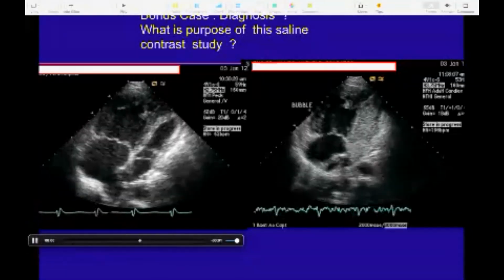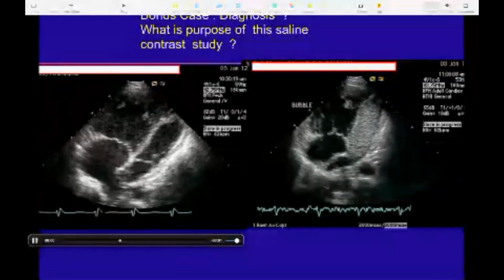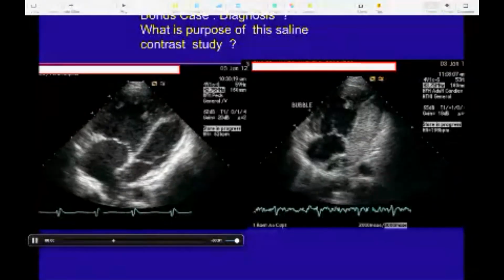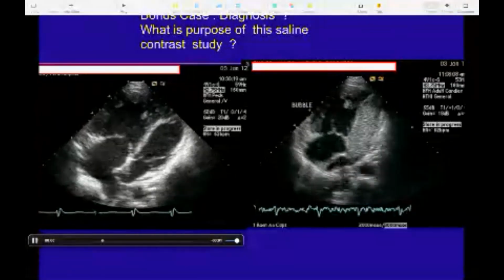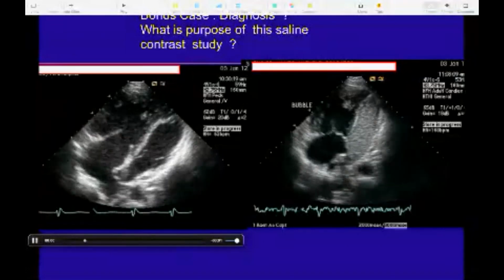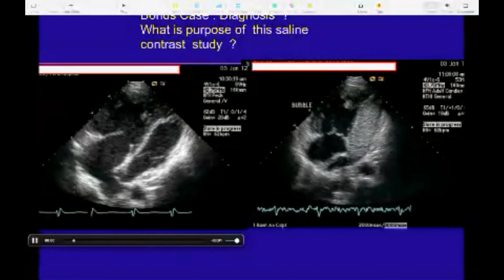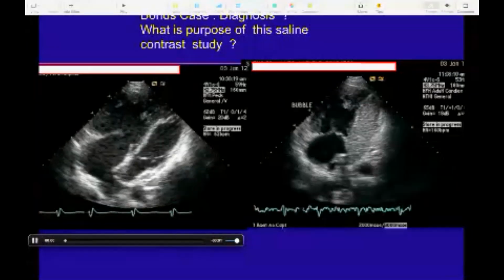So this is the systemic venous baffle coming into the right atrium, or the pulmonary venous baffle coming into the right atrium, I think I'm right. And so what we're looking for here is that your pulmonary veins have to come into your right atrium, drain into your right ventricle, which then opens into your aorta. And then your systemic veins are baffled into your left atrium, coming into the left ventricle.